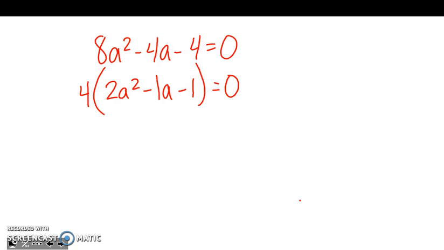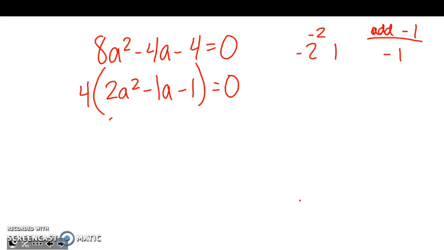Okay. So since this has an a value, you have to take 2 times negative 1. So factors of negative 2 that add up to negative 1. So negative 1 and negative 2 and positive 1 will add up to negative 1.